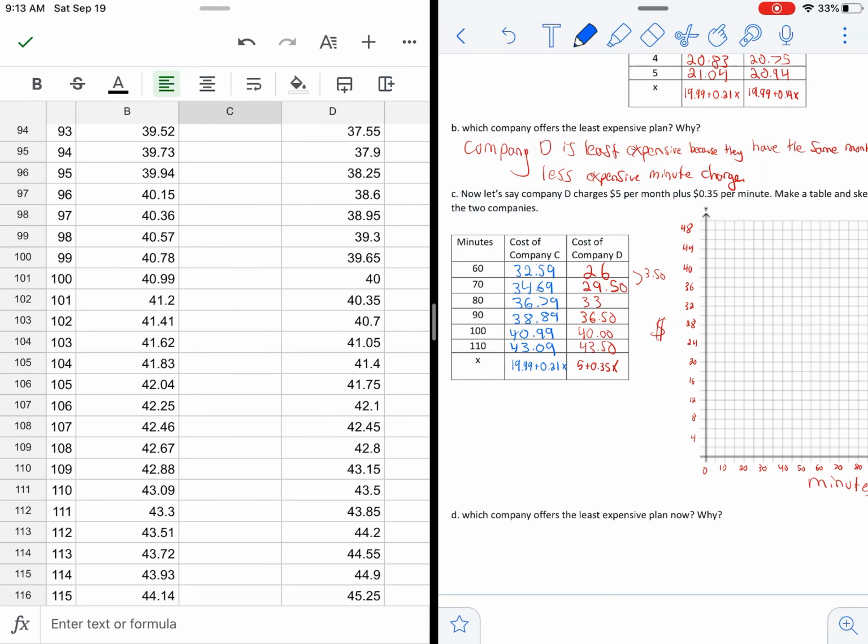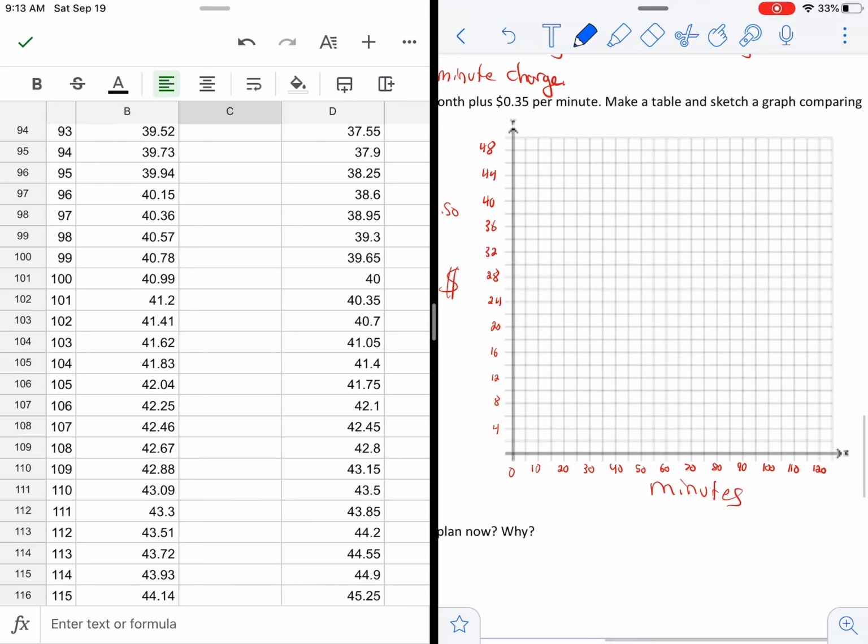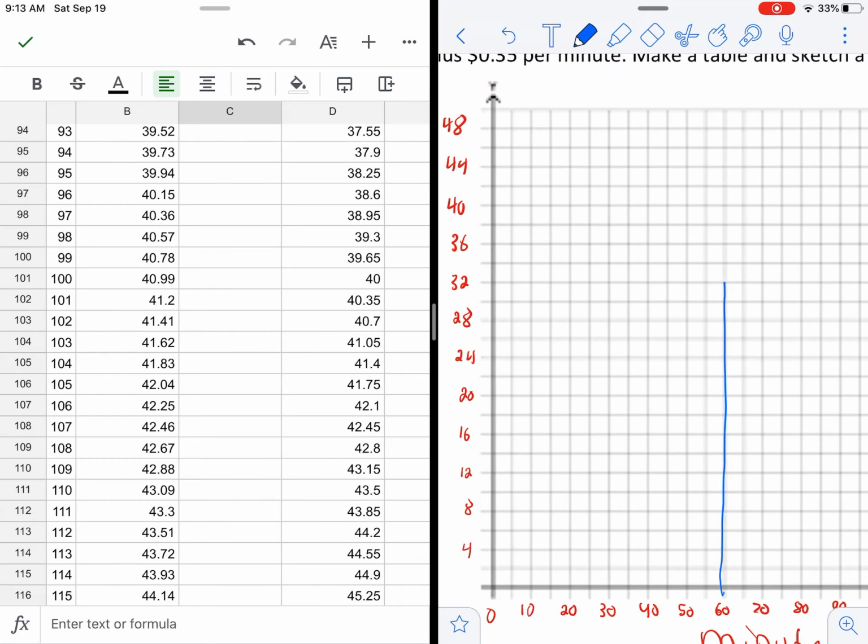Blue Company C, it looks like at 60 minutes, is at 32.59. Okay, well, 32 is there, 34 is here, so we're going to be somewhere on the lower side of that mark right there.